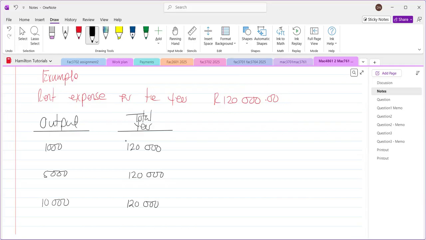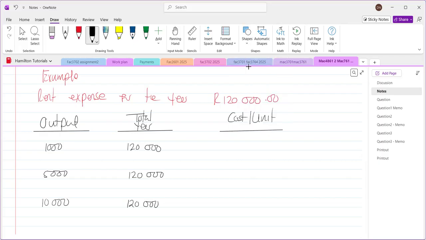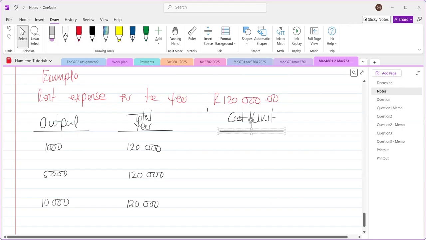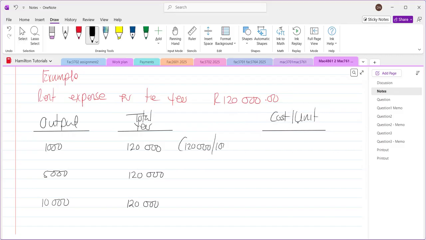However, the cost per unit does change, in the opposite direction to changes in output. Remember, if I have 120,000 spread over 1,000 units, that gives me 120 rand per unit.